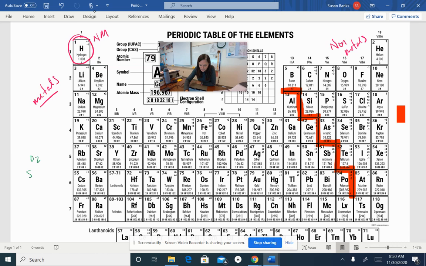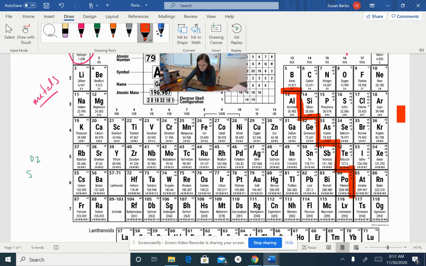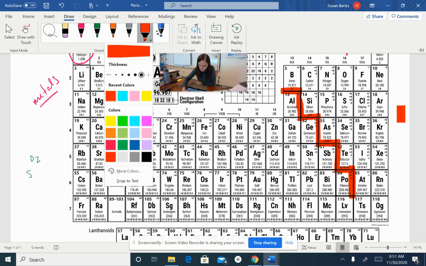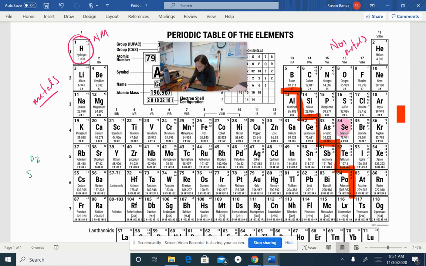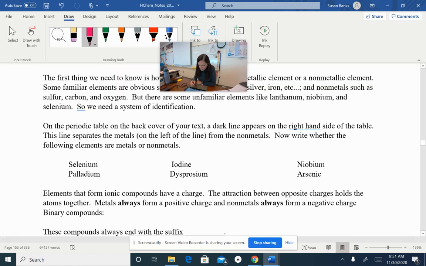Selenium's right here. So it is definitely on the nonmetal side. So I'm going to mark that as a nonmetal.